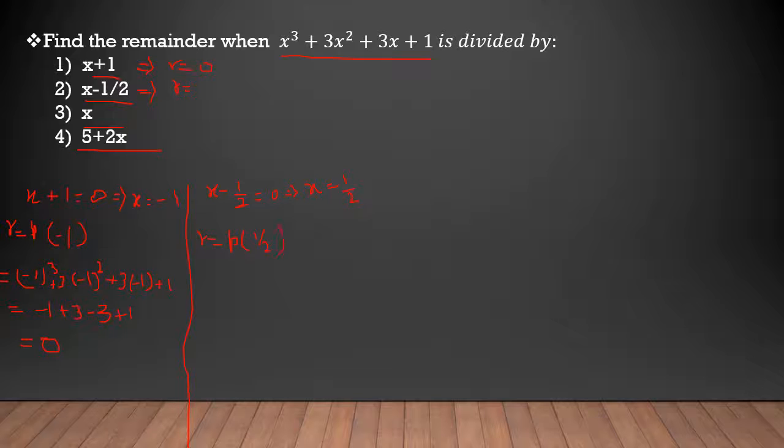This is (1 by 2) cubed plus 3 into (1 by 2) squared plus 3 into 1 by 2 plus 1, and this is nothing but 1 upon 8 plus 3 upon 4. You can see how easy the remainder theorem is as compared to division.